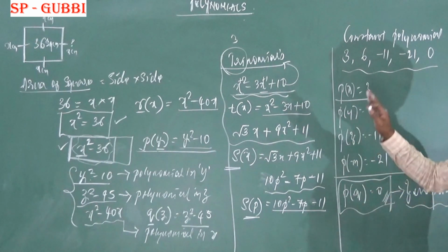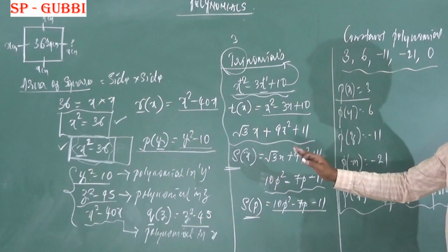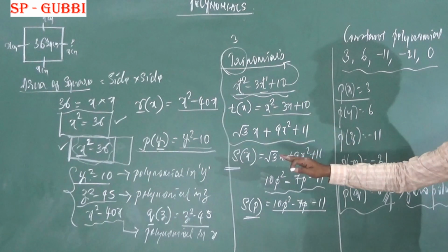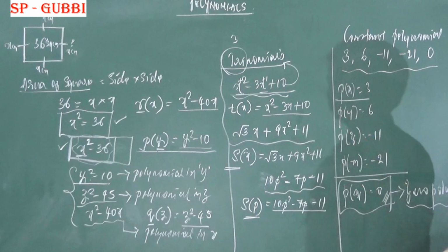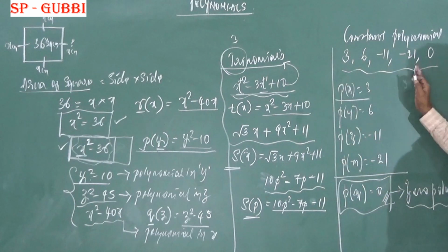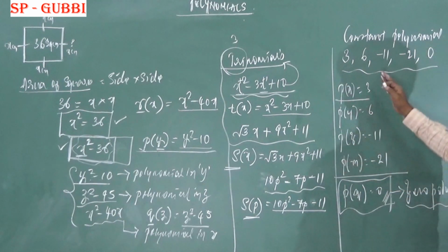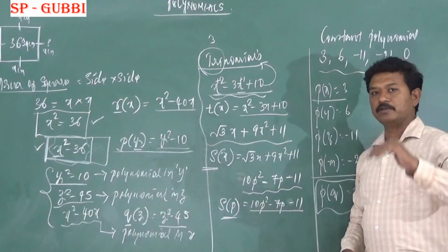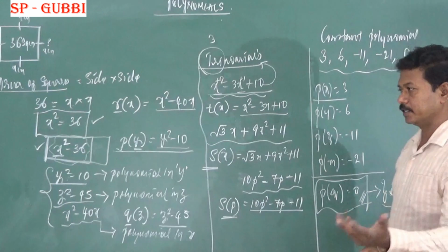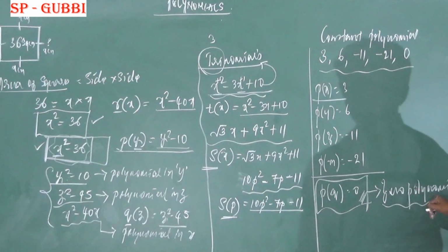A polynomial with 2 terms is called a binomial, a polynomial with 3 terms is called a trinomial, a polynomial with a single term equal to a constant is called a constant polynomial, and if that polynomial is equal to exactly 0, it is called a zero polynomial.